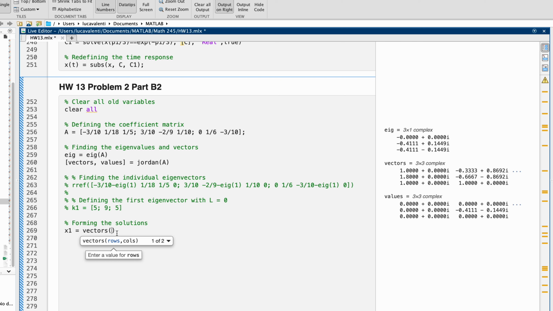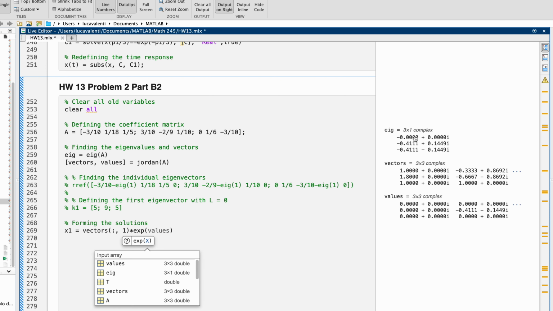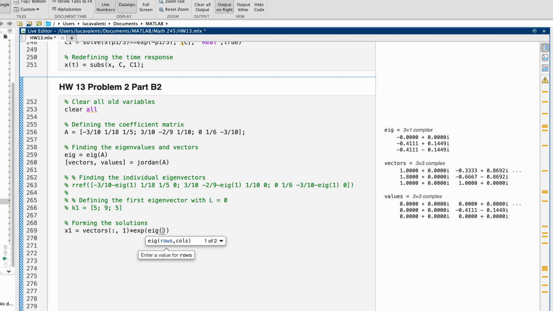So that's going to be vectors 1 multiplied by the exponent of the eigenvalue, which is, well, we don't even have to put it, but I can put it in here, which is just 1 right here.